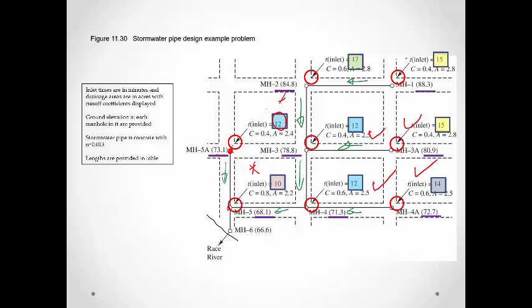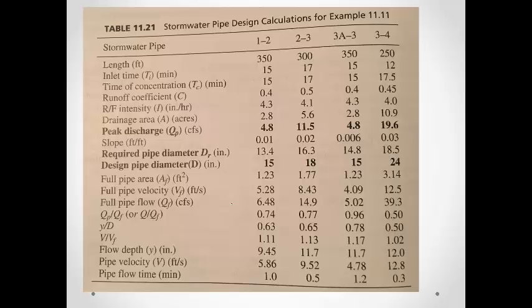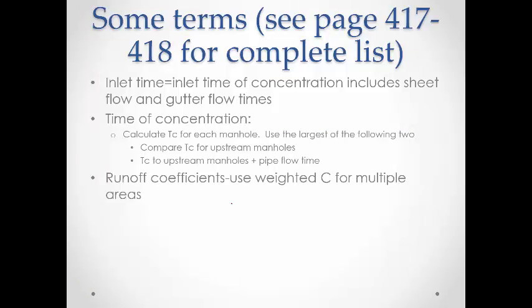And this is what I will use to calculate this pipe. But now, for this second watershed, I have a time of concentration of 10, but then I have to also include the time of concentration from the manhole to here. So there's two things that you need to add, okay?